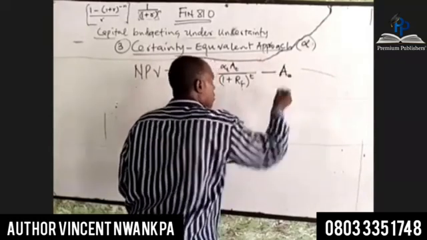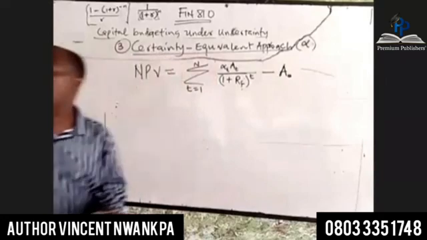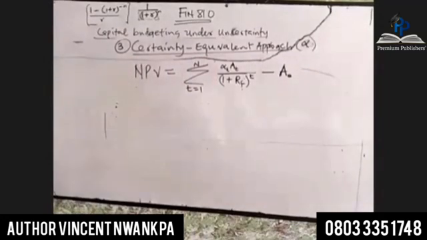So it's minus A0, meaning cash flow at time 0, which is the cost of the project. At time 0, year 1, and year 0. Is that okay?